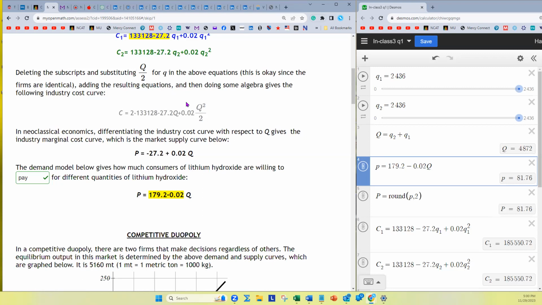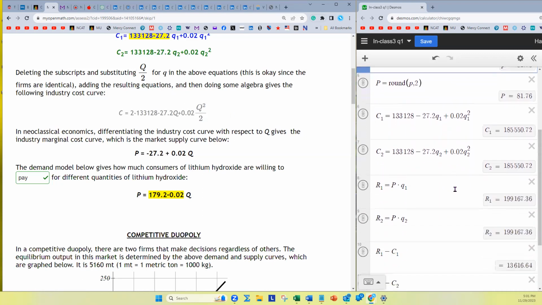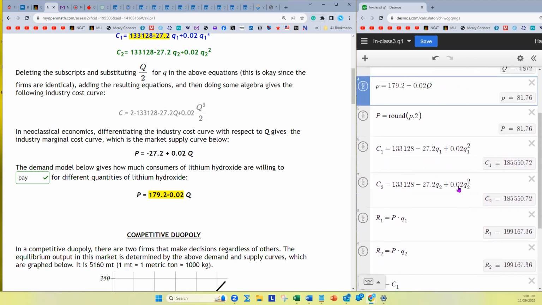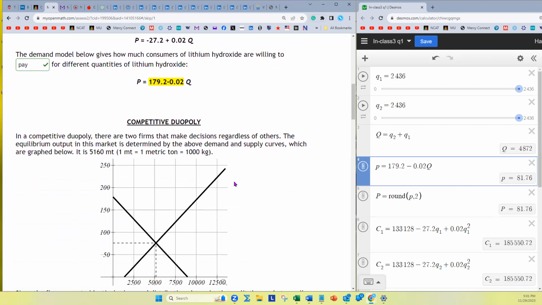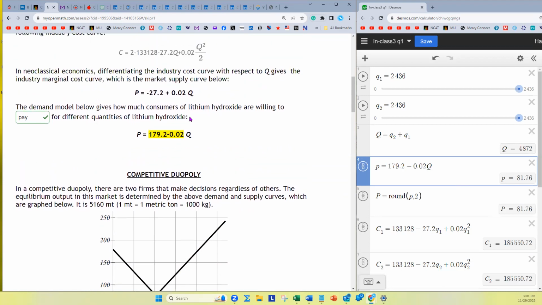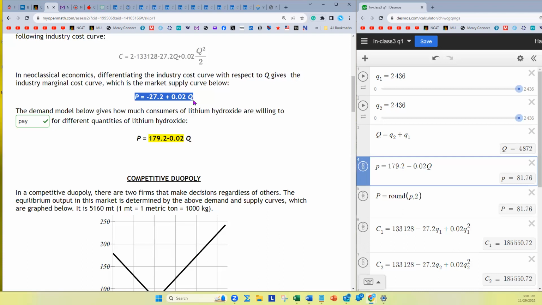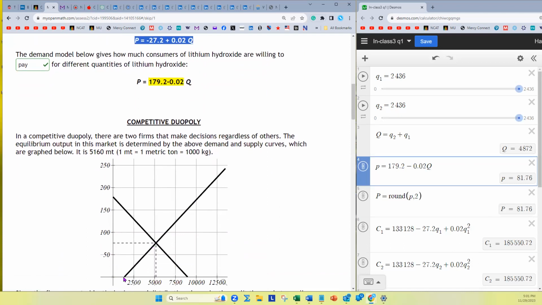Okay, let's see what we got here. We got our cost equation. I think we're good on the numbers that we need to bring in at this point. So in our competitive equilibrium, if you remember, this equation here is our market supply curve, which is this one here, minus 27.2 plus 0.02 Q, right?